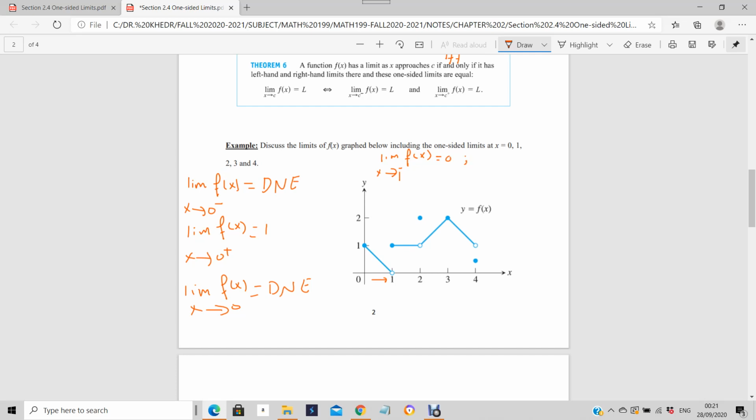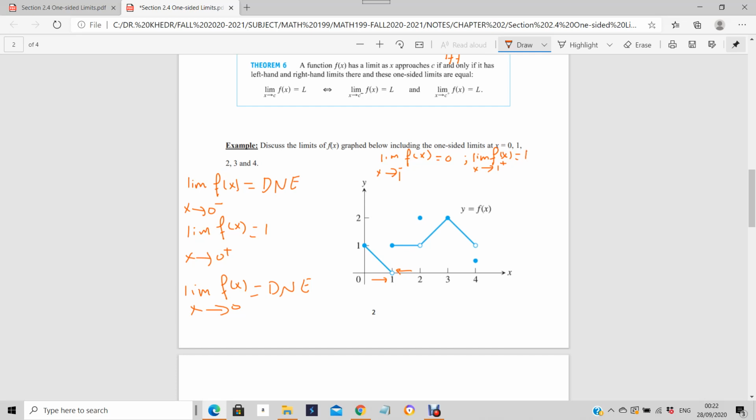Okay, how about lim f of x as x goes to 1 from right side? If we are approaching 1 from this side, from right side, what will be the value of y? See, the value of y here is constant, 1. So as x is going closer to 1 from right side, the value of the function is going to this point, which is y equals 1.